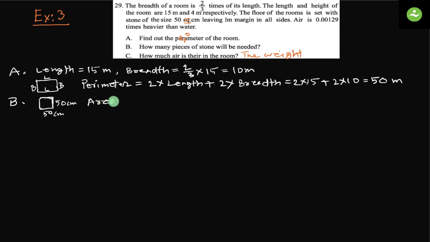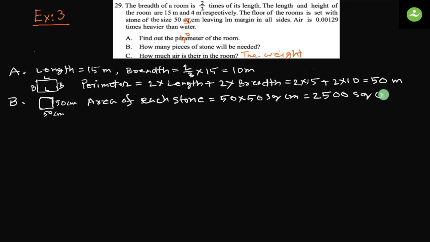Let us find the area of the stone. It equals 50 into 50 square centimeter, equals 2500 square centimeter. Now we got the area of a stone is 2500 square centimeter.